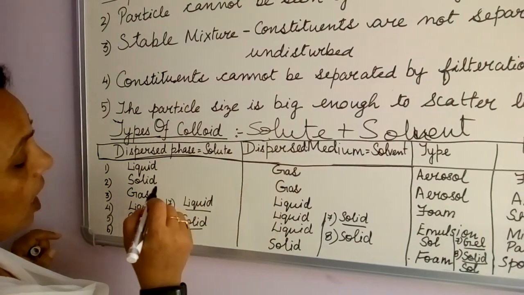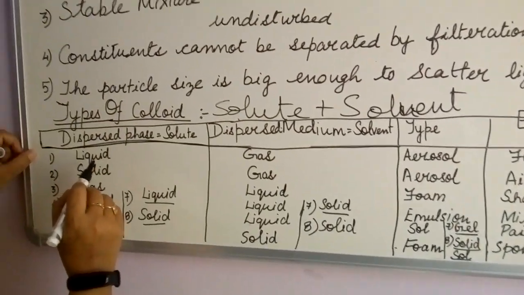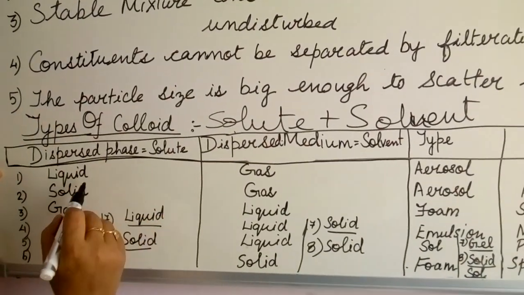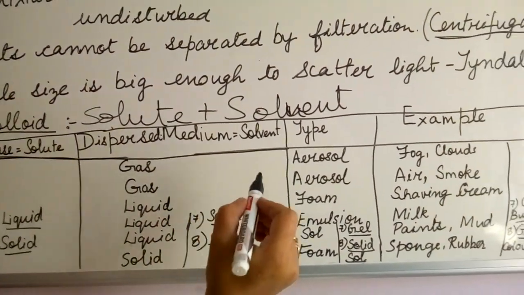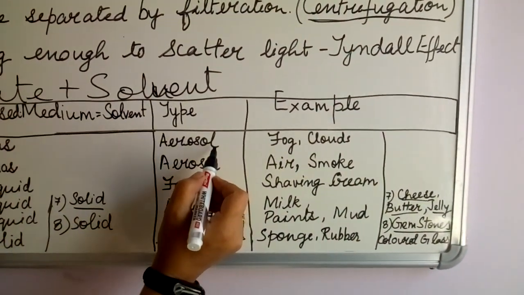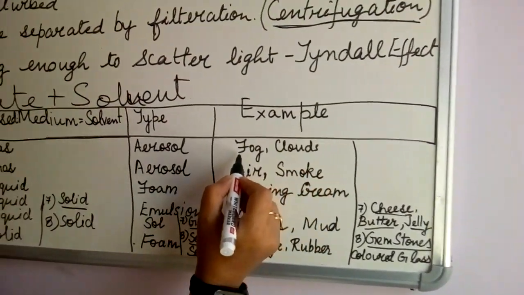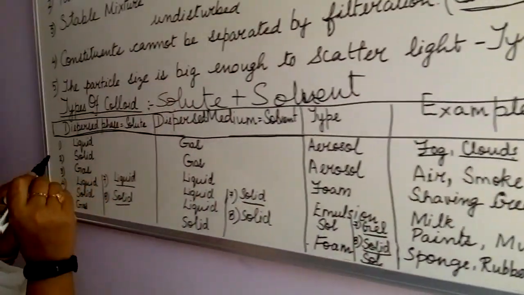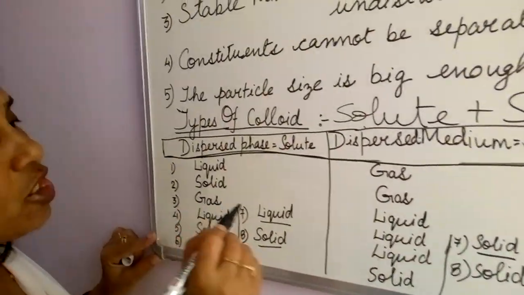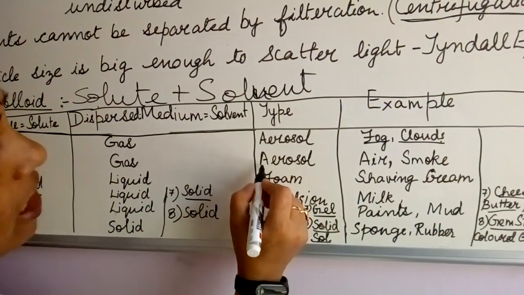So now let us look at the table. When the liquid is dispersed in gas, this type of colloid is known as aerosol. And where do we see this colloid? This colloid can be seen in clouds and fog. When solid is dispersed in gas, this is also known as aerosol.